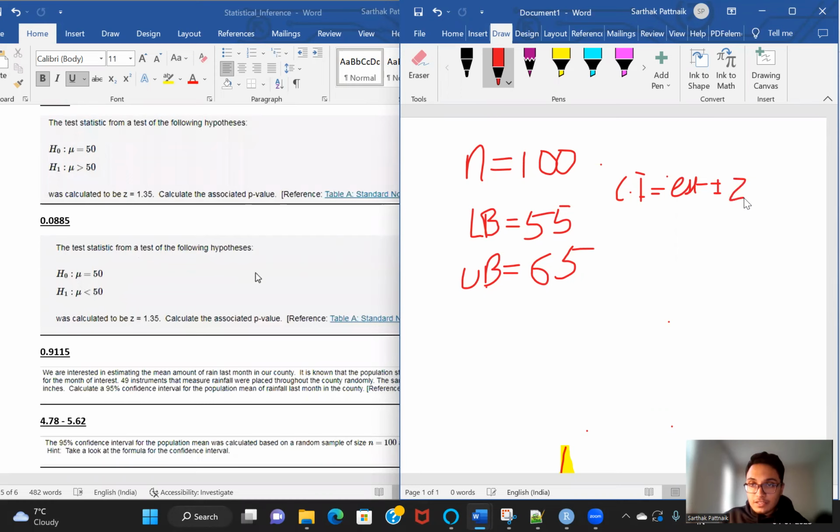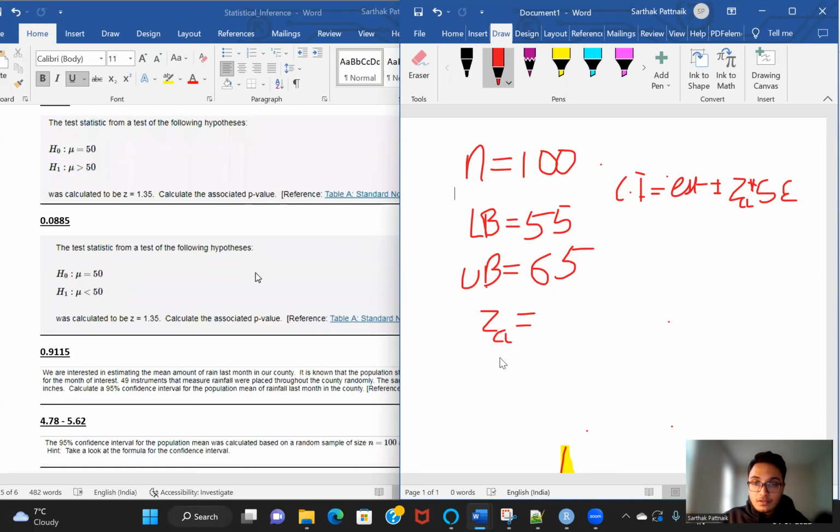In this case, my Z critical, because number of sample is 100, multiplied by my standard error. So both my sample mean and standard deviation are not given. We need to find the sample mean. We can calculate Z critical. It will be qnorm of 0.975 once again because it's a 95% confidence interval.